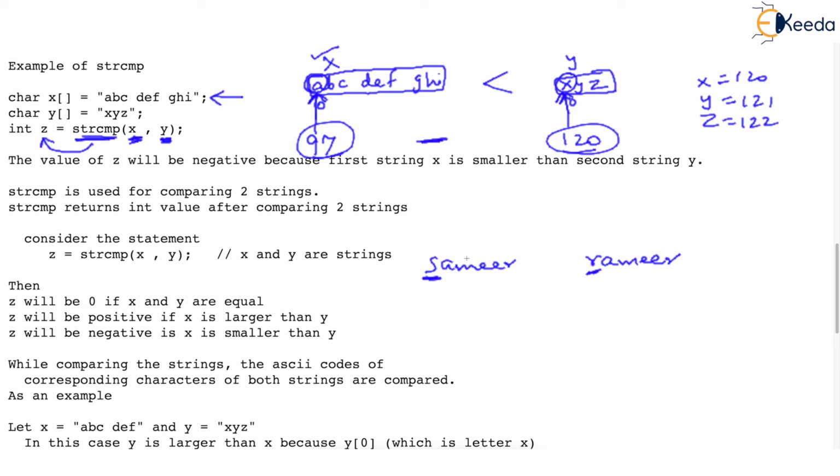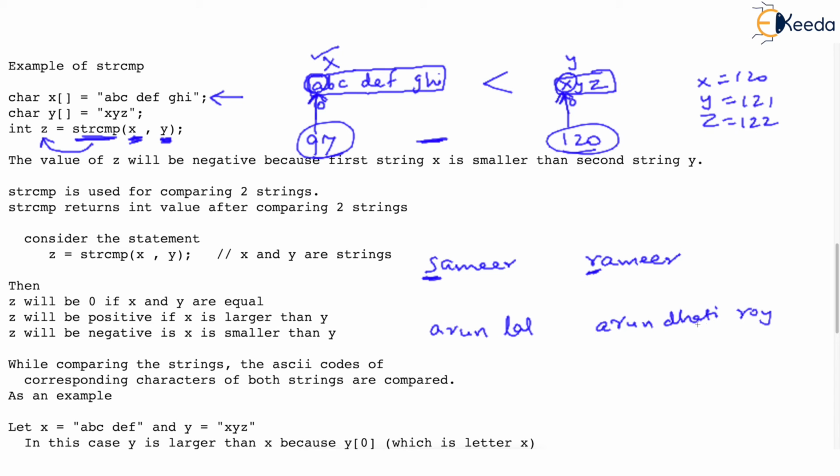Let me prove it. Suppose there are two names here. The first one is, let's say, Arun Lal, and the other name is, let's say, Arundhati Roy.